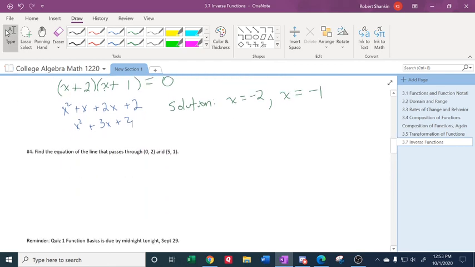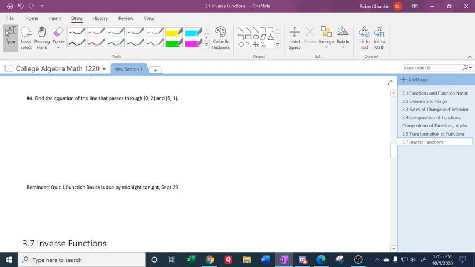Alright. Number 4. Find the equation of the line that passes through those 2 points.